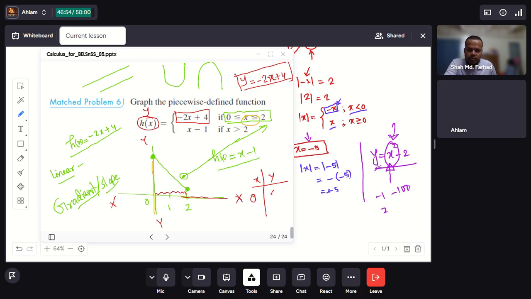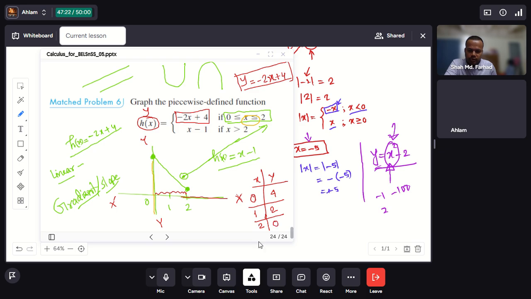So y is 4, right? And then if you put 1, what will be the value of y? 2. Okay, good. Then if you put 2, what will be the value of y?